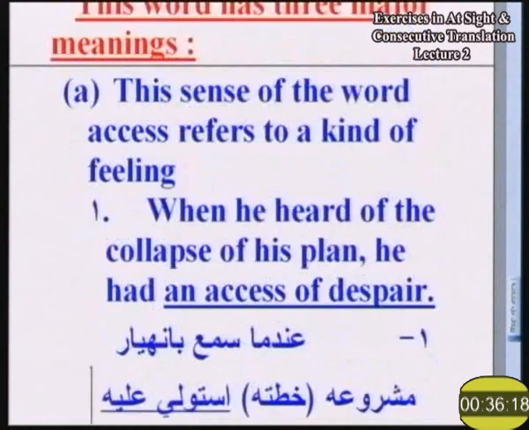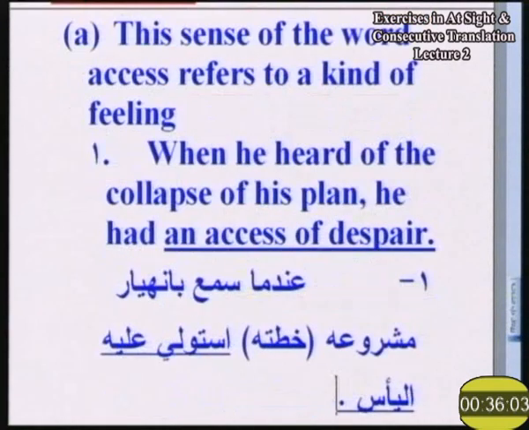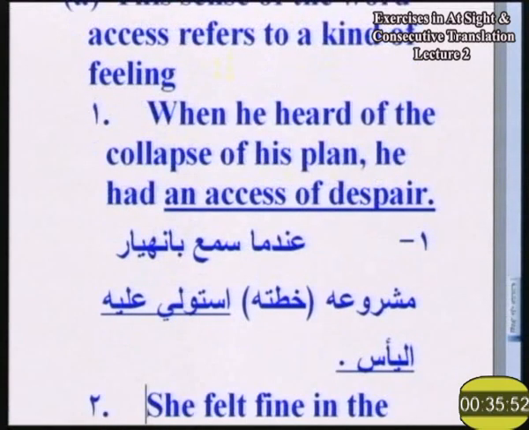In sentence number 1, when he heard of the collapse of his plan, he had an access of despair. The part which is underlined, an access of despair, means a feeling of despair. عندما سمع بانهيار مشروعه أو خطته، استولى عليه اليأس. So it's a feeling.